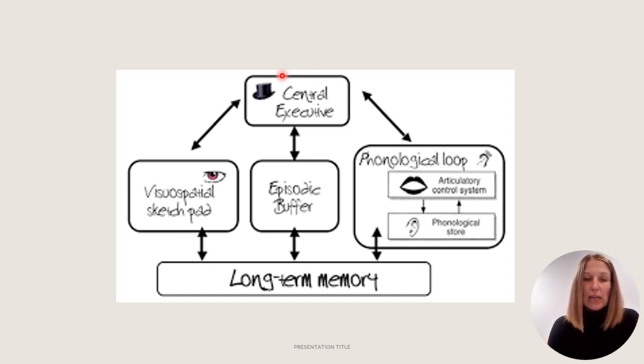So the central executive is described as being like a boss, and it controls whether you're using the visual spatial sketchpad or the episodic buffer, and they both link back into long-term memory. And then the other part is the phonological loop, which is made up of the articulatory control system and the phonological store. So this is quite a good image to help you recall the 4 parts.